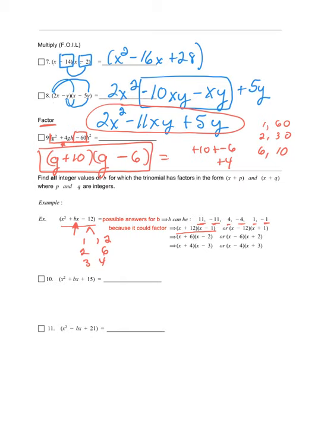This answer right here would give me my positive 11. This answer right here would give me my negative 11, all right? And then I applied the other factors and FOIL to get possible answers for B.